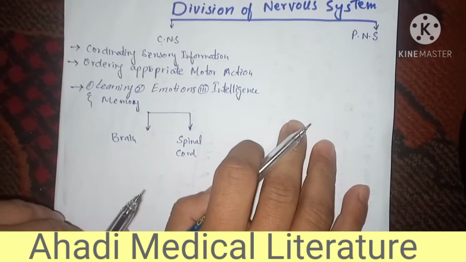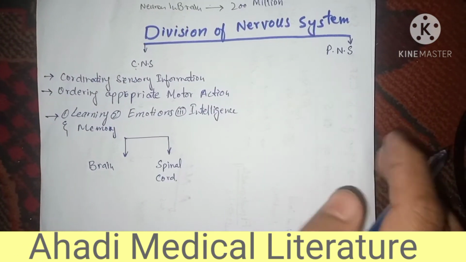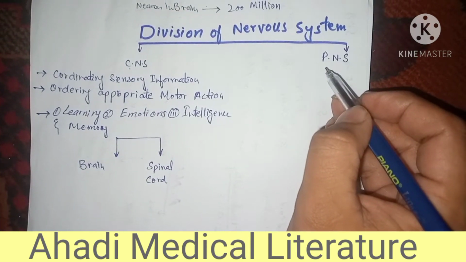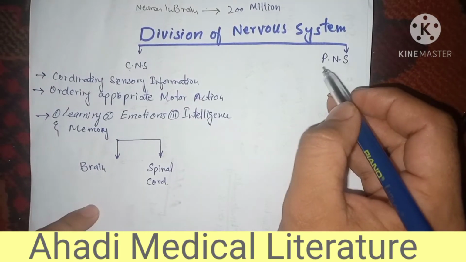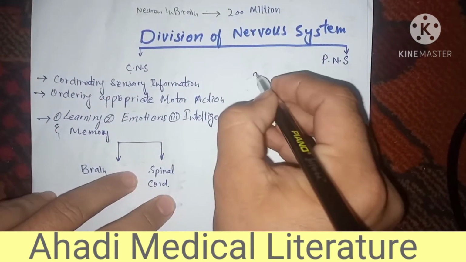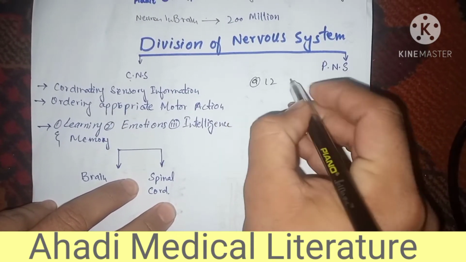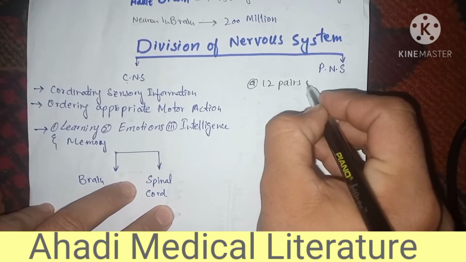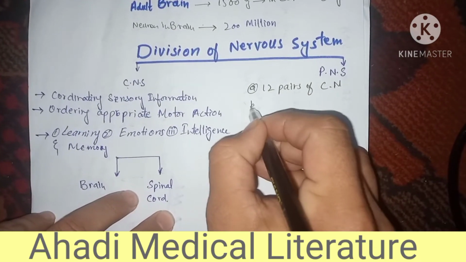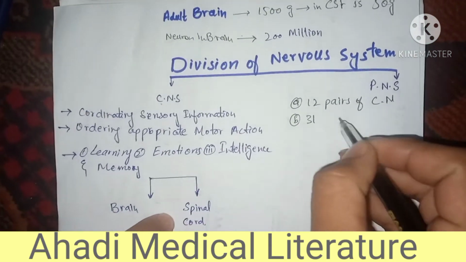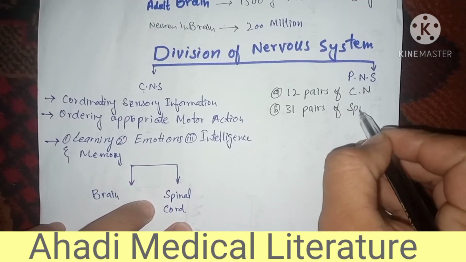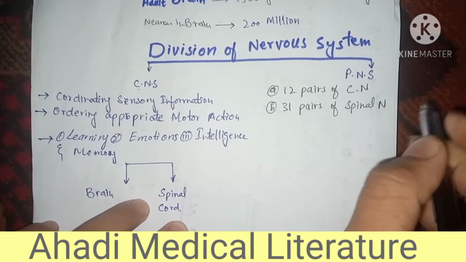Now we're going to talk about PNS, peripheral nervous system. The peripheral nervous system consists of 12 pairs of cranial nerves, and 31 pairs of spinal nerves.